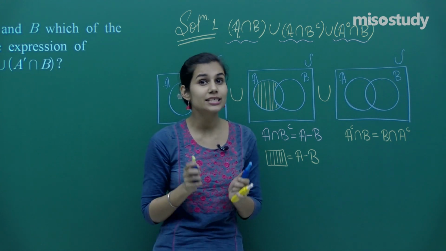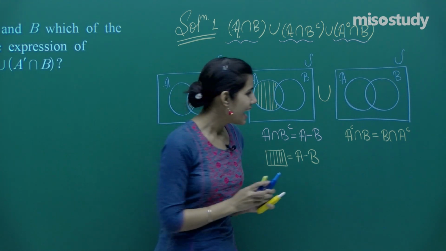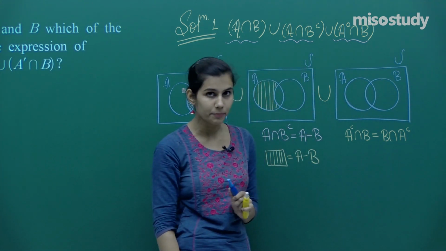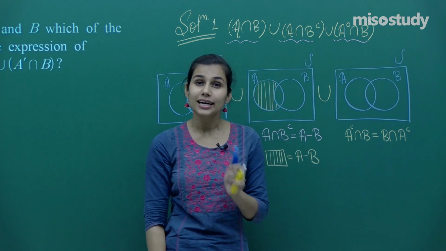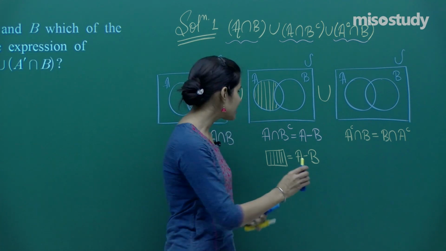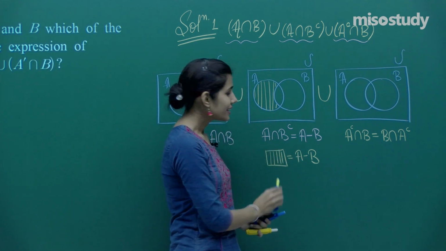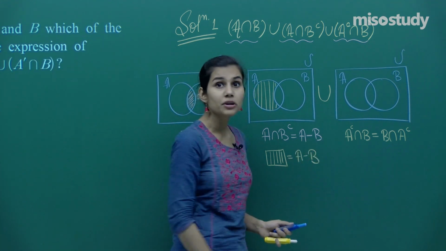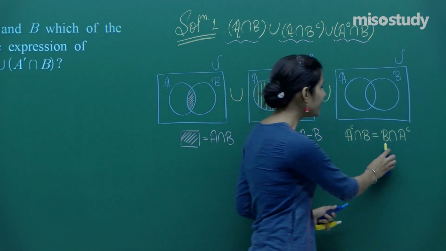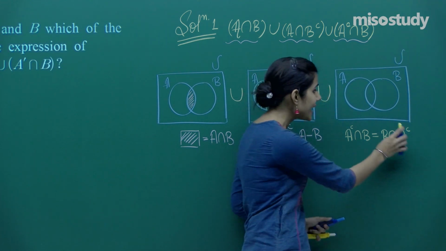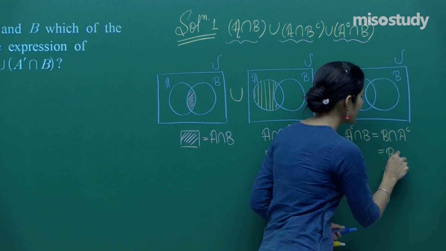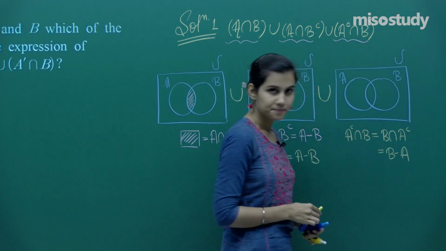Because intersection is a commutative operation and therefore A complement intersection B becomes B intersection A complement. And from this again we can conclude just in a similar way that we concluded that A intersection B complement is meaning that B is getting removed from A. Similarly, B intersection A complement means A is getting removed from B. So this turns out to be B minus A.